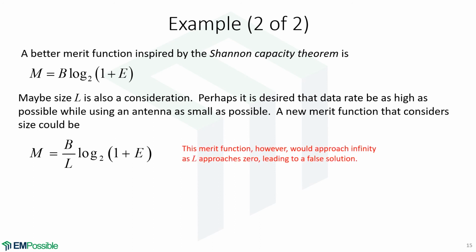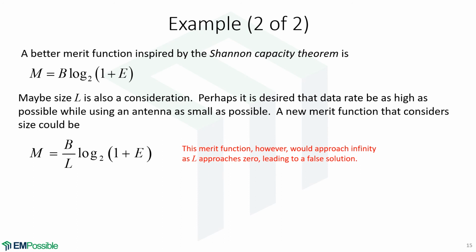There is. If we let this antenna size go to 0, or even something really, really small, even the smallest of antenna will have some bandwidth and some efficiency. Those don't go to zero. They'll be really poor. However, if we're dividing by a really small number, that can still make the merit function look huge.